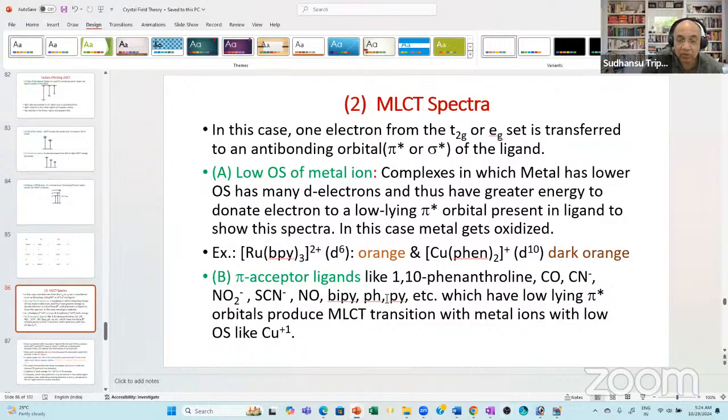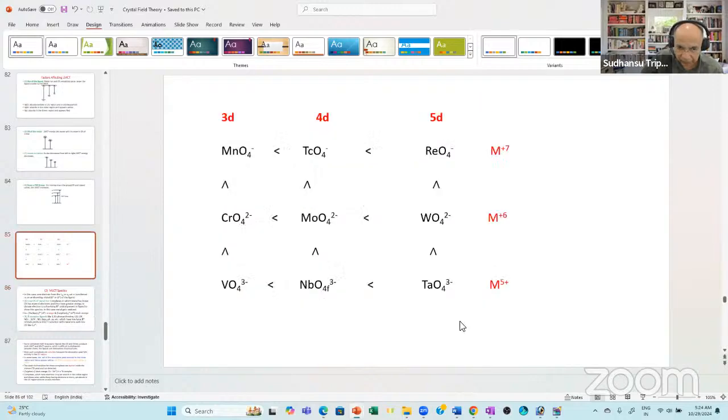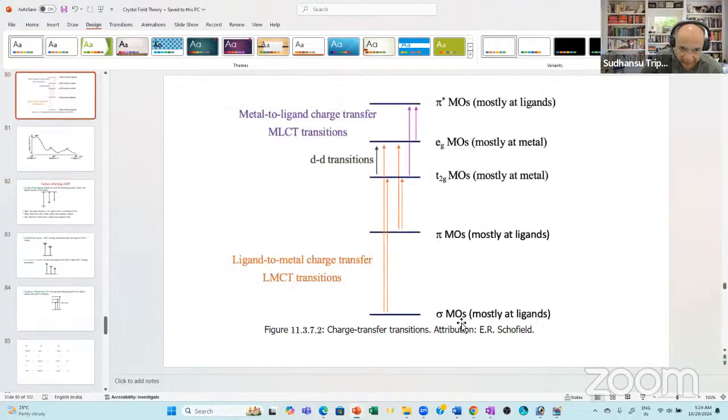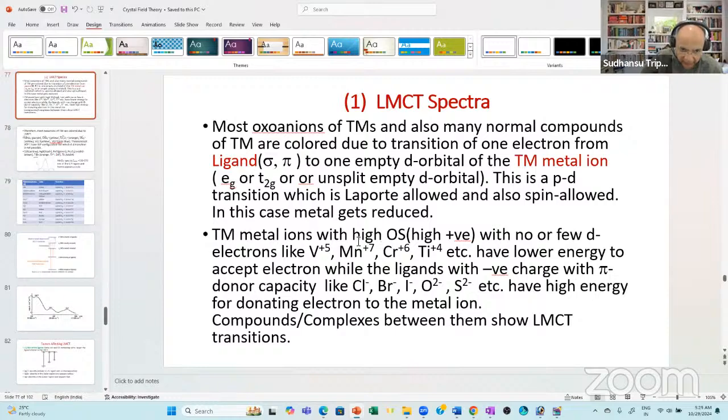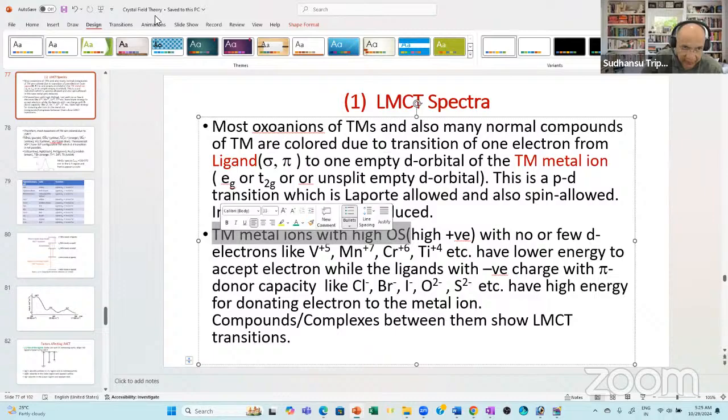For LMCT, let us write down the requirement: high oxidation state, so that the metal ion is ready to accept. It has either no d electron or at least one or two d electrons.